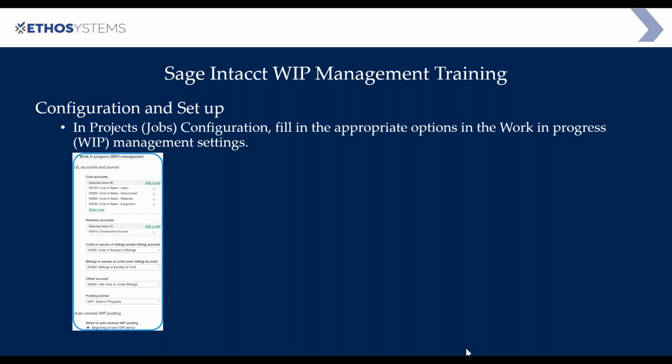In there, you're going to set up certain things like which general ledger accounts are your cost accounts, which are your revenue accounts, which one is your under and over billing accounts, and what is your revenue adjustment account. And then it's also going to have you select a posting journal.